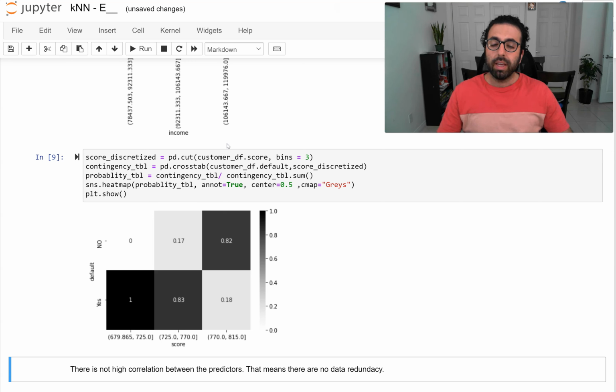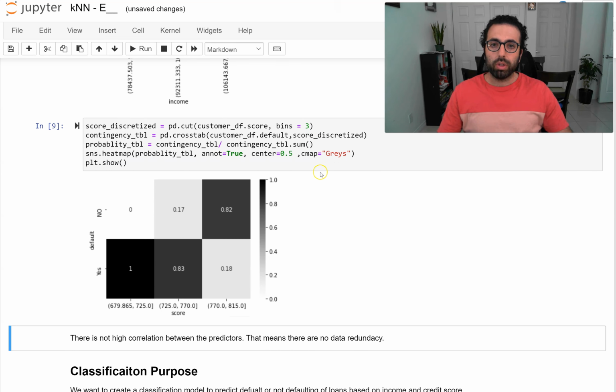So this actually presents a perfect data set for classification. We have two independent attributes that are not highly correlated with one another, but both of these attributes do have a strong relationship with the class label, which is whether the customers are in default or not. So this is a perfect example of a data set for classification.